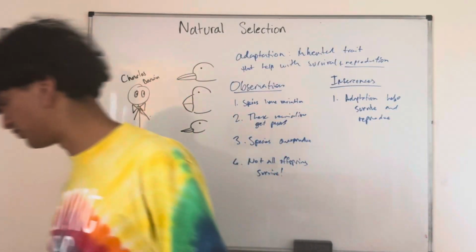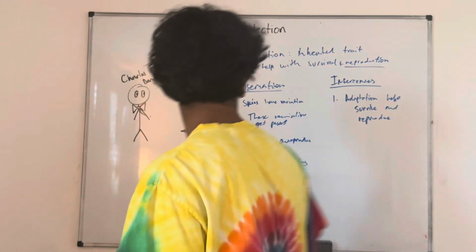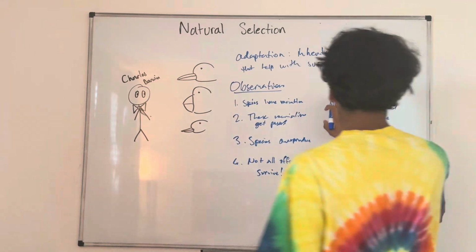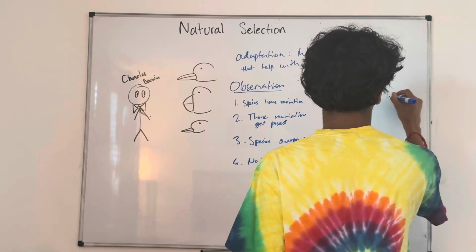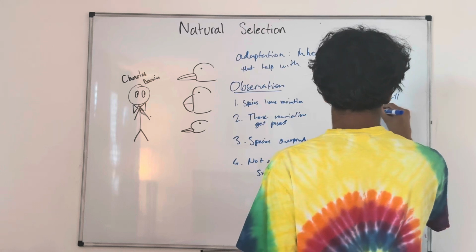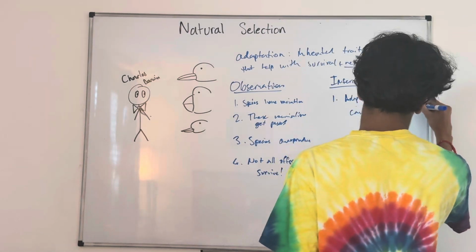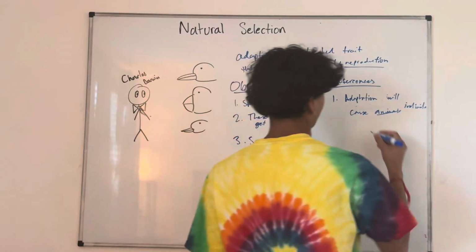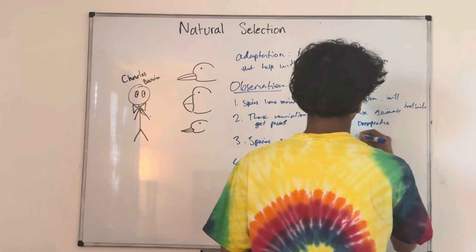And the second kind of inference from all of this, which is really the main inference, is that adaptations will cause individuals, because I think this probably applies to plants too, to overproduce or just reproduce in general.